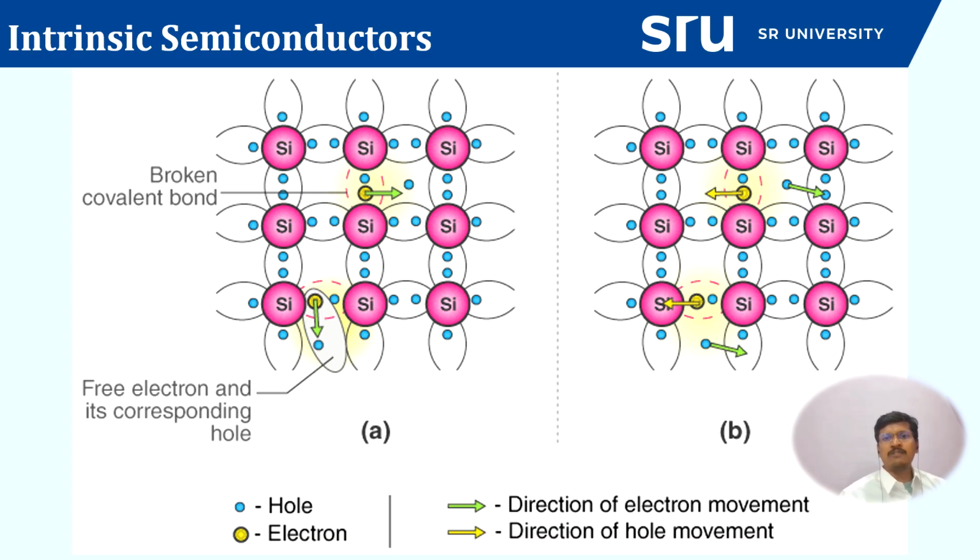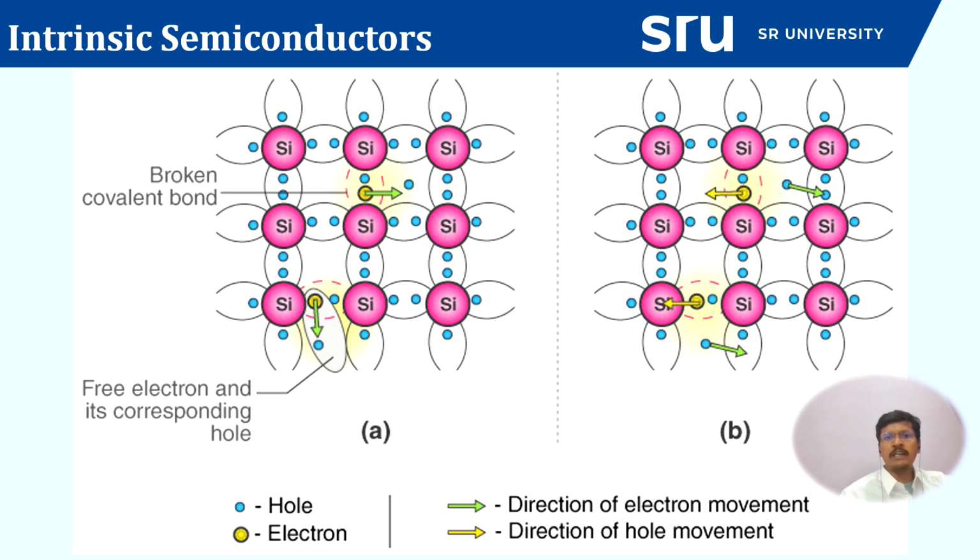The missing electron leaves behind an empty position known as a hole. A hole is a positive charge carrier. It is not a physical particle. Instead, it represents the absence of an electron. However, the hole behaves like a positively charged particle because neighboring electrons continuously move to fill the vacancy.